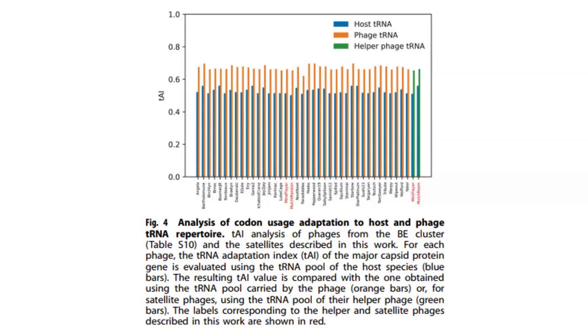Okay, so phage transfer RNA. What are the blue bars? Host tRNA. And then they have the two satellites kind of just shoved in because we know that they don't have tRNA genes, but they're doing it as a comparison to their helper, knowing that they're going to use the helper's tRNA genes to make, in this case, I think it was the major capsid protein.